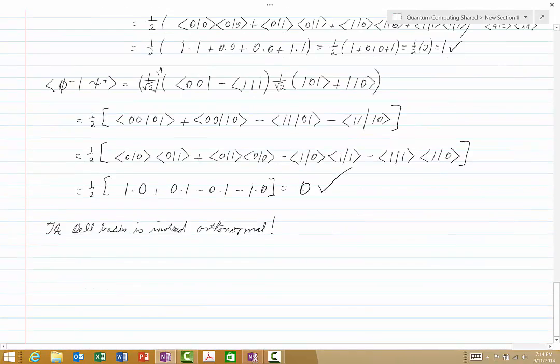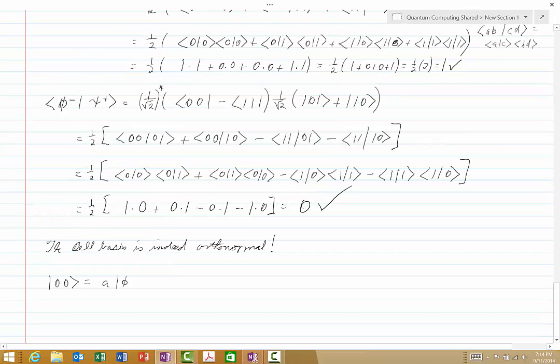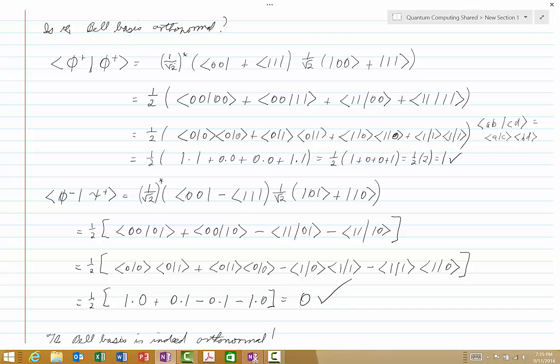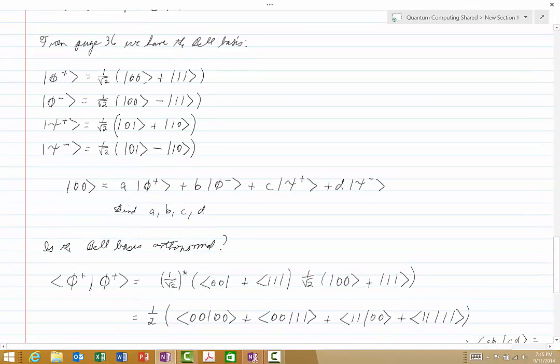So again, 0, 0 is equal to A times phi plus plus B times phi minus plus C times psi plus plus D times psi minus. Just as we had right here.